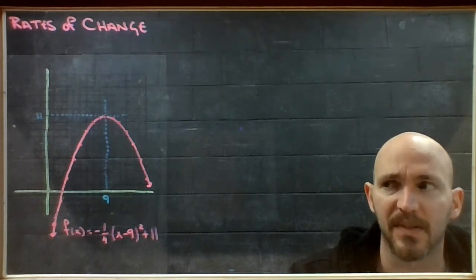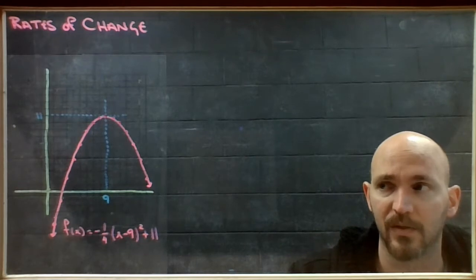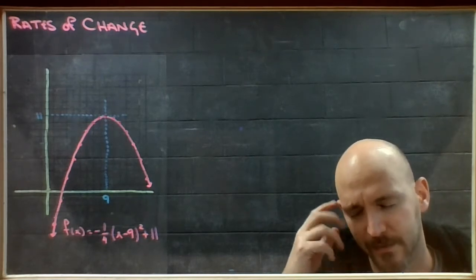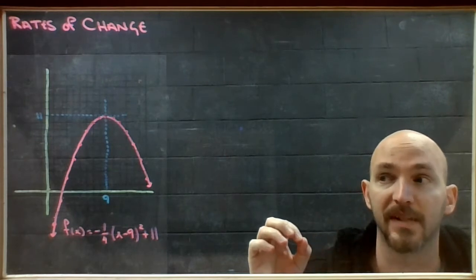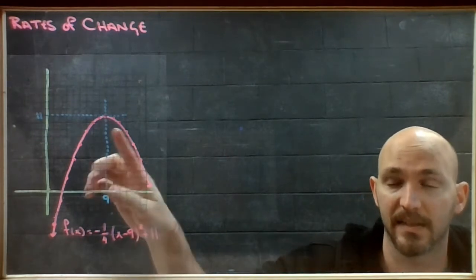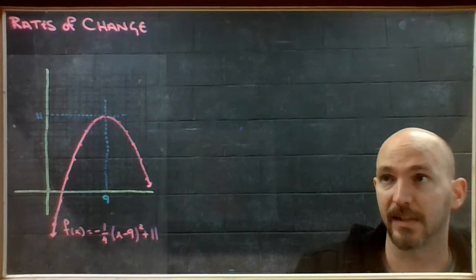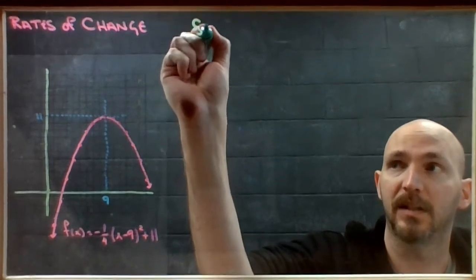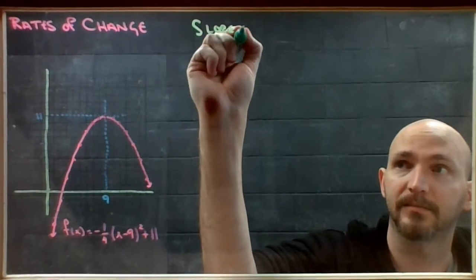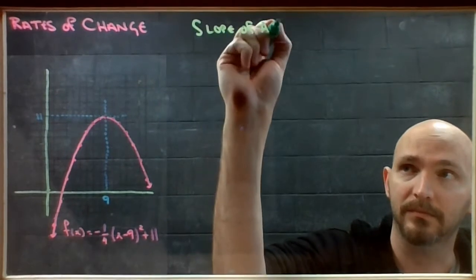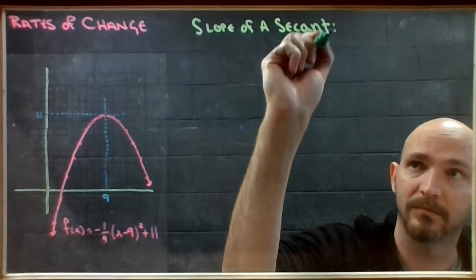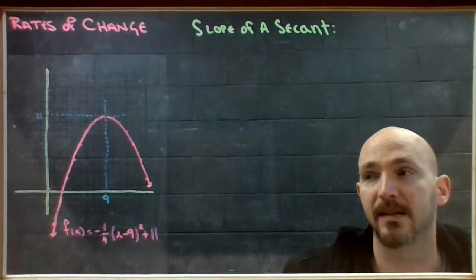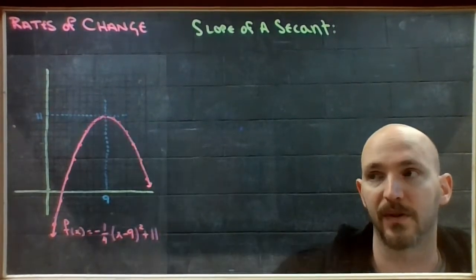So the thing I'm going to start with is the slope of a secant to this line. So let me jot that up there. Slope of a secant. Now, a secant is a line that just cuts through the function.